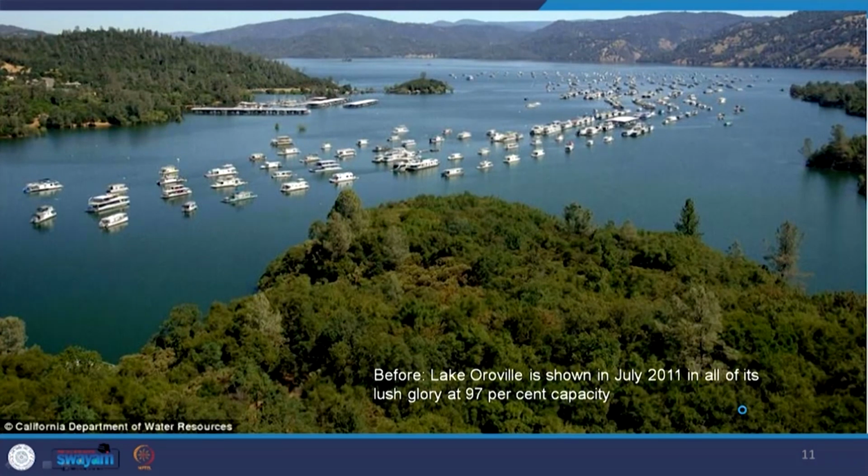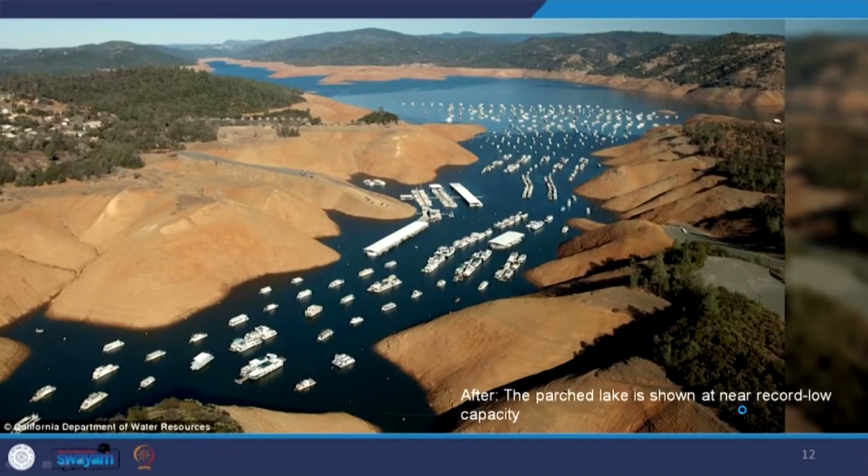So, it is not just that water is essential for our survival as a basic need for drinking and bathing and all other basic uses, but it is also an important means of recreation for us, rejuvenating ourselves. This is the view of the same place in 2014, where there is hardly any water left in Lake Oroville.